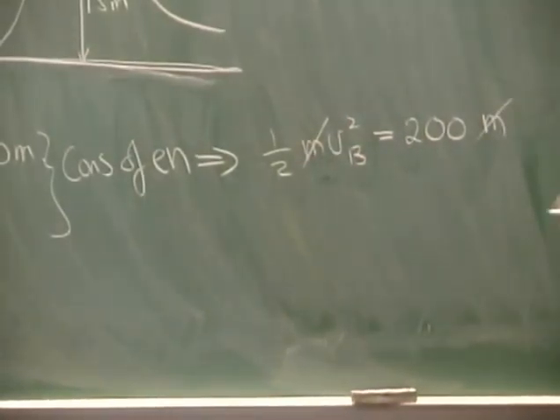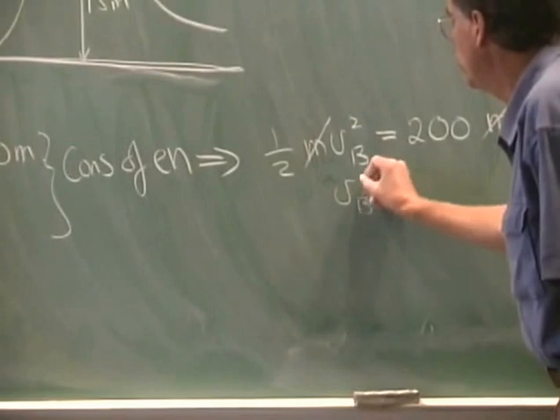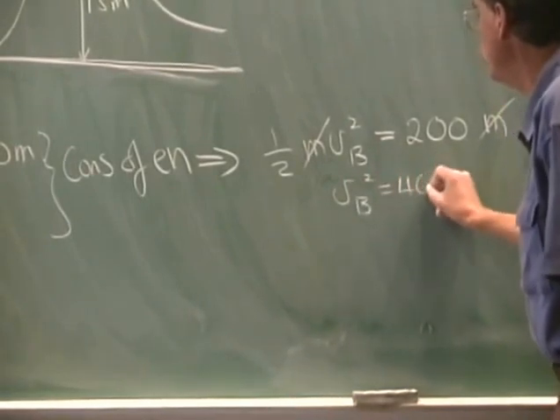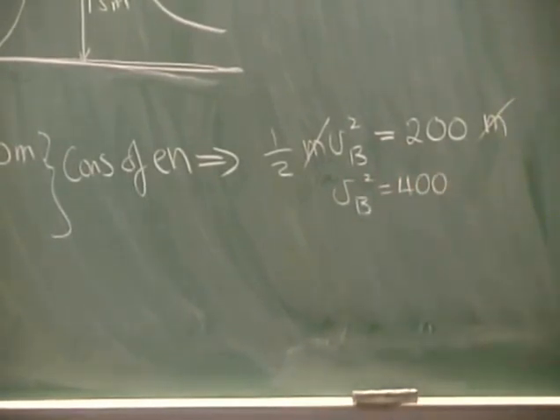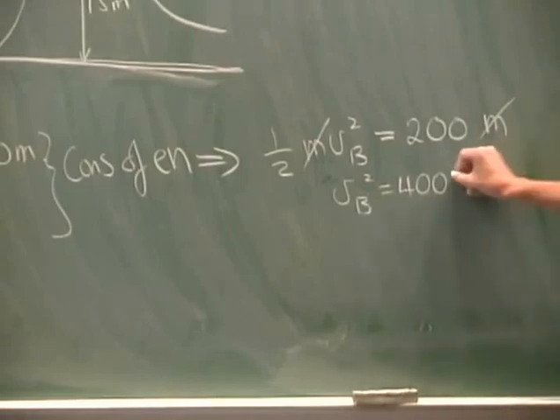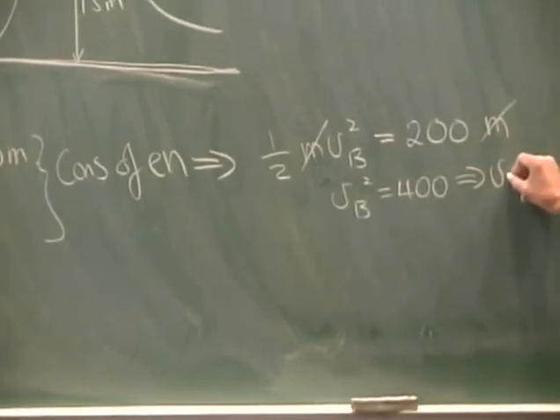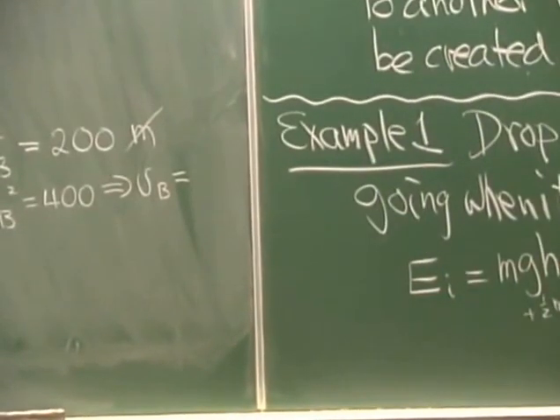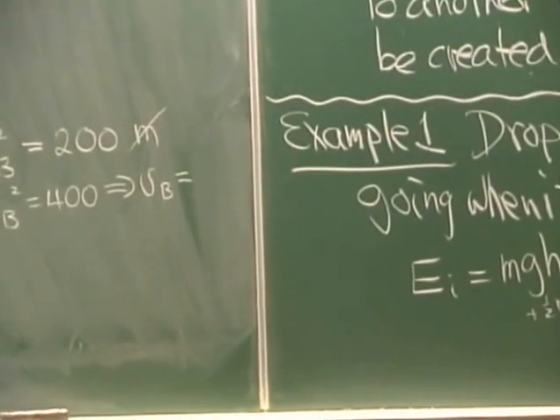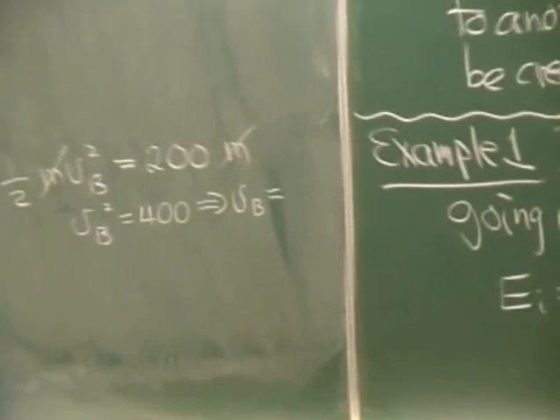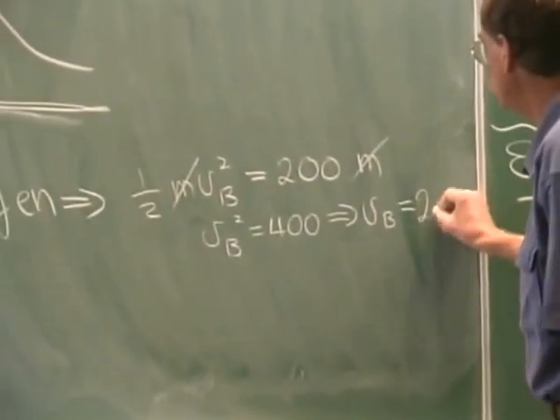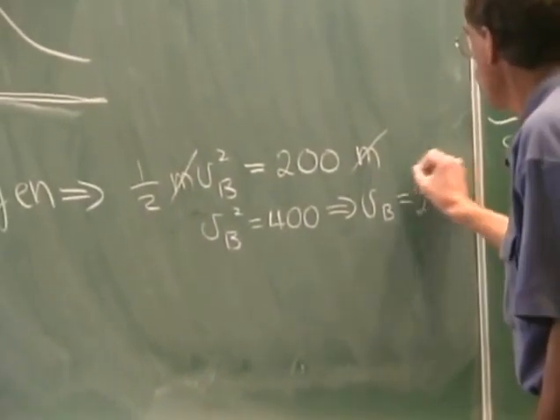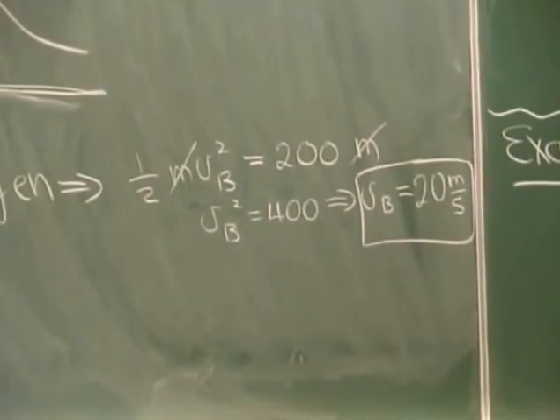I multiply through by a 2. vB squared is equal to 400. Ah, how nice. vB is, square root of 400 is 20. So that's the velocity at point B.